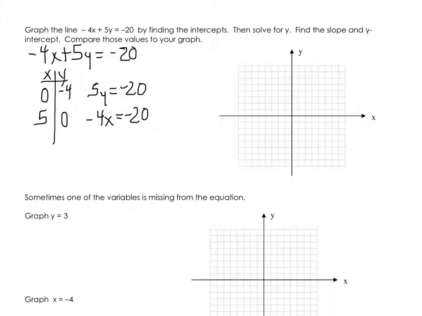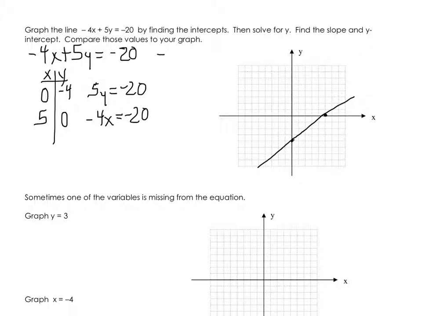So that gives us 0, negative 4, and 5, 0. So our line goes through those 2 points. Now, that's the first or the second method that we learned, using the x and the y-intercept.